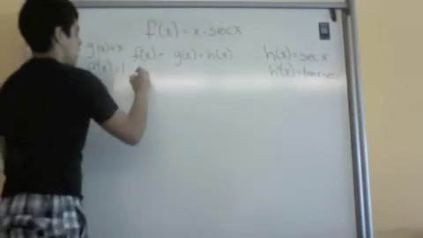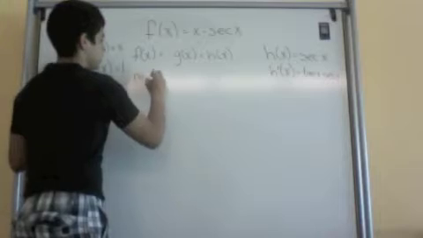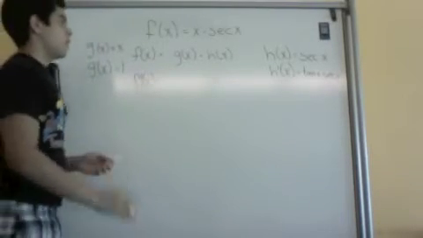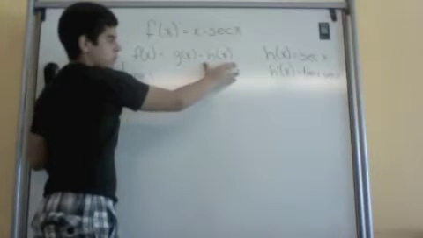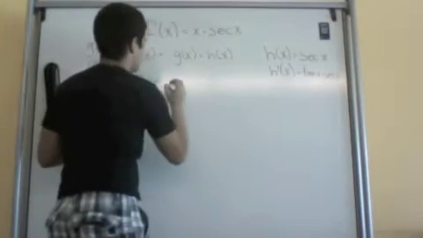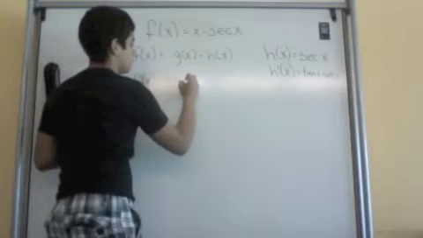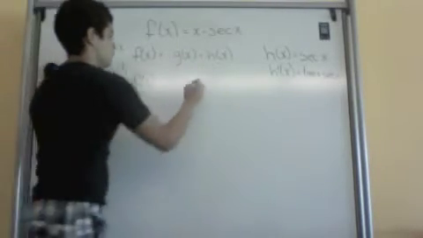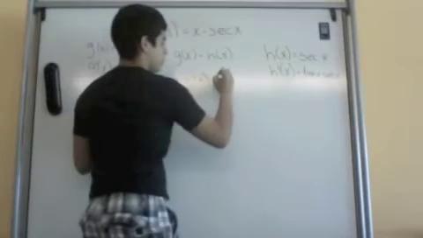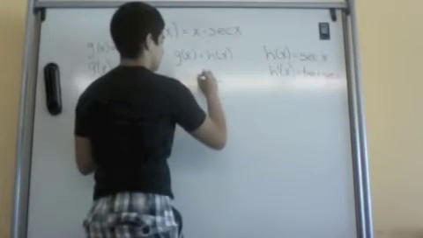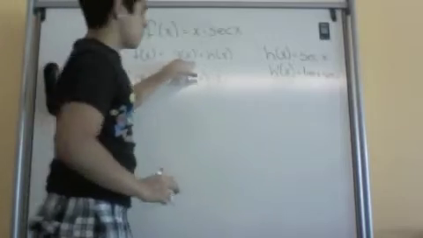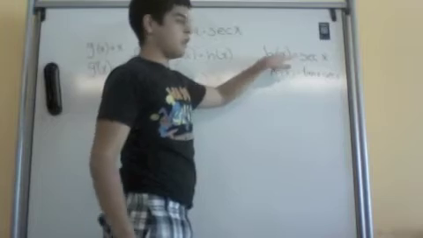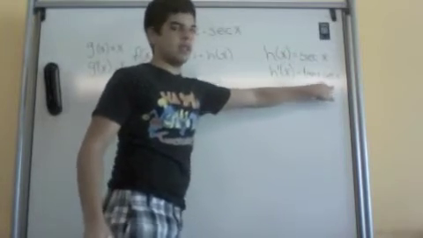So, f prime of x is equal to, when you have a multiplication, you have this equation: h of x, which is secant of x, times the derivative of g of x, which is 1, plus g of x, which is x, times the derivative of h of x, which is tangent times secant.